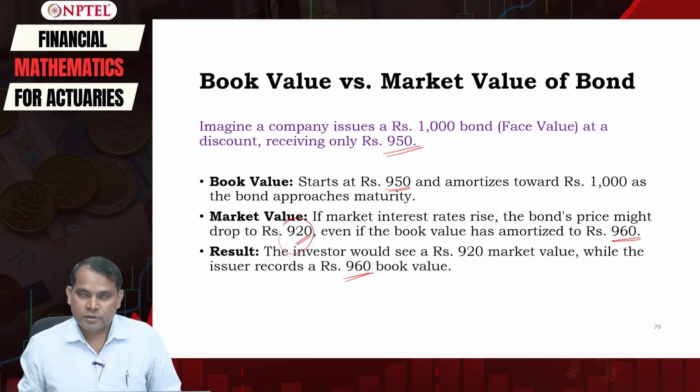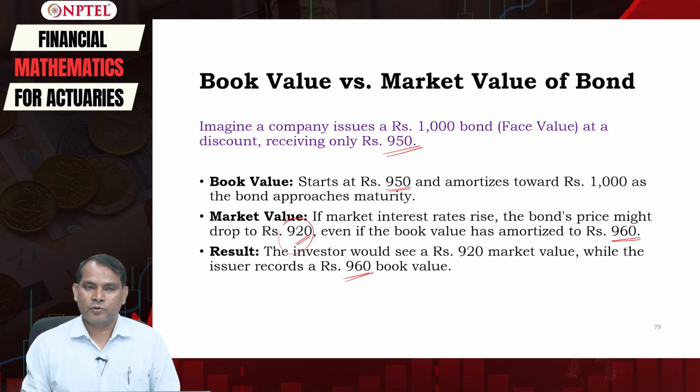So I believe you have now heard at least the concepts and the basics of bonds, in which we have understood how to compute bond pricing, and also what the book value and market value of a bond are.